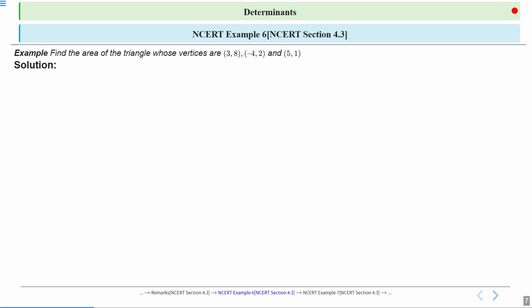Now we have 3 vertices, so just apply the formula and find the area of the triangle.